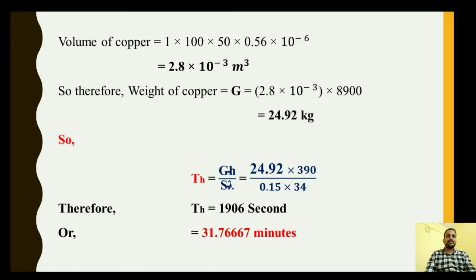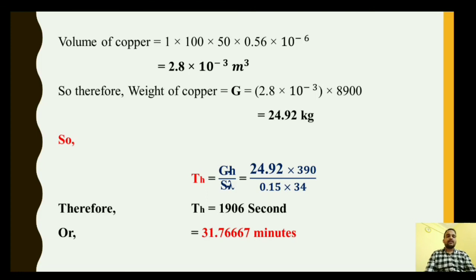Theta m is Q upon S lambda, and Th equals Gh upon S lambda, so both have the common denominator S lambda. Therefore calculating Th equals Gh upon S lambda, we get Th equals 1906 seconds, the standard unit of time.